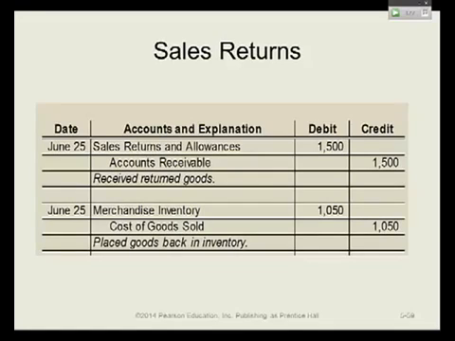And rather than debiting sales directly, you debit the sales returns and allowance account. And that's for $1,500. In addition, accounts receivable is reduced. And accounts receivable has a balance now of $3,005.